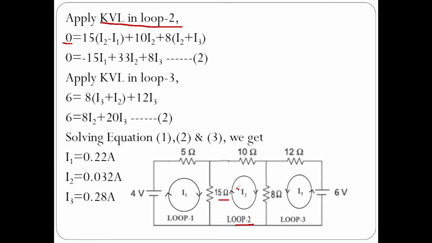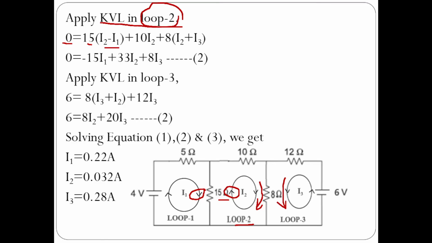We have already discussed the current direction. This is upward, this is downward. Therefore 15 into I2 minus I1, because we are in loop 2, plus 10 into I2 plus 8 into, if you observe, this direction is downward, this direction is also downward.